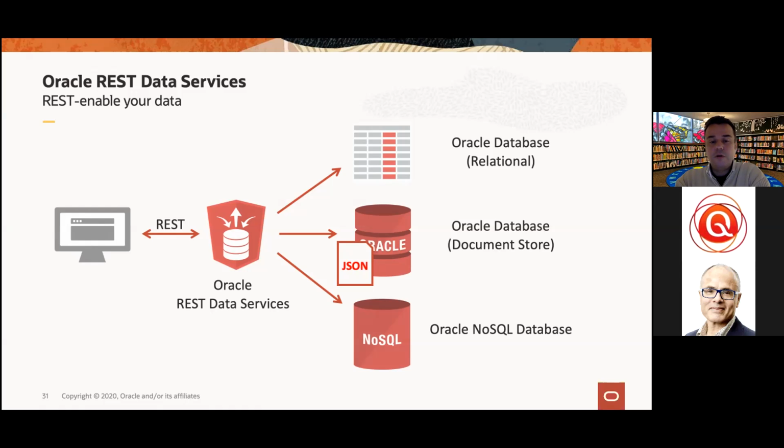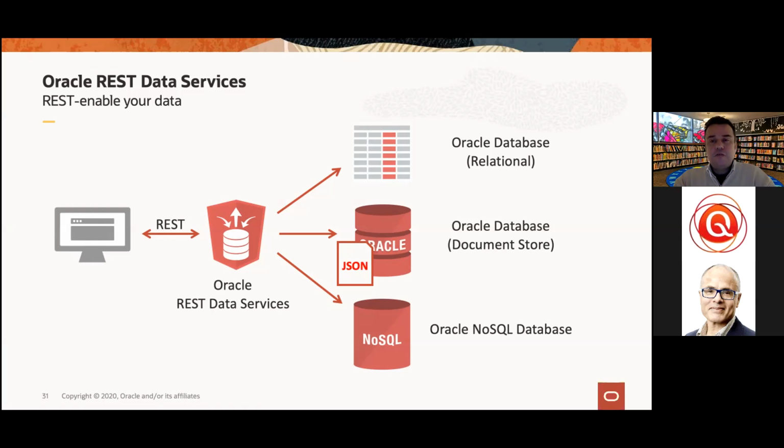Your browser on your laptop can be used as a REST client, because you can receive data from an Oracle database using Oracle REST Data Services just by typing the URI, the URL you get when you enable Oracle REST Data Services, into the browser search bar, and it will retrieve the information from the database in JSON format. It will get the information from your Oracle database in a JSON structure.